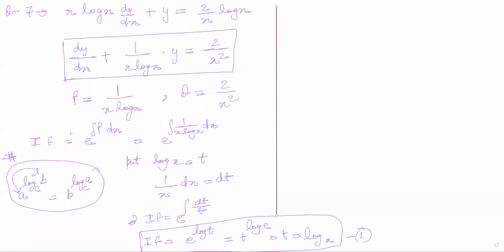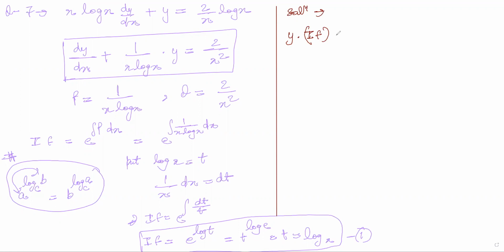You can directly find out the solution. Solution would be y into integrating factor. So always write this first. Don't write directly the answer, because you'll also need to fill pages, right? They won't give you full marks if you write it directly.